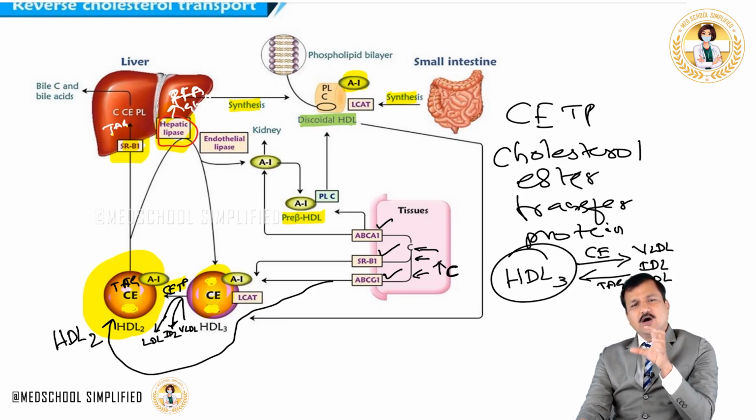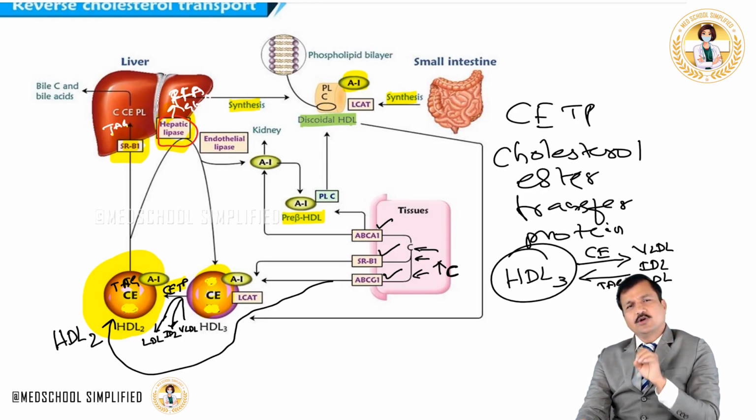Okay, so this is how HDL2 will meet with its fate. One is it is offloading all the contents to the liver. Other is it will just offload only triacylglycerol and come back into the circulation as HDL3.